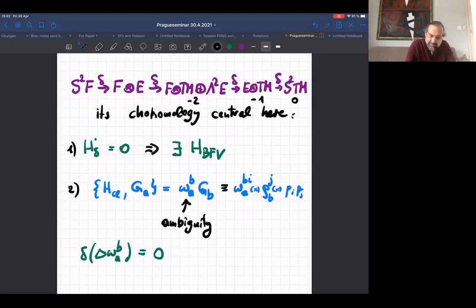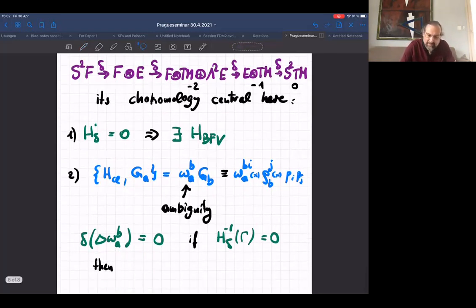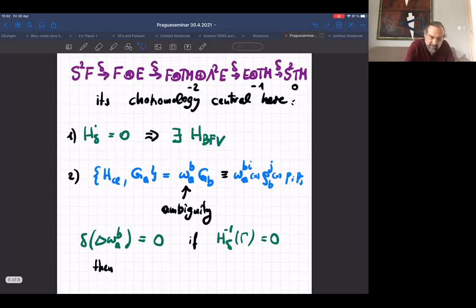So if, for example, H -1 of delta on the level of sections, I should say, is 0, then one can parameterize the ambiguity in the connections as follows.